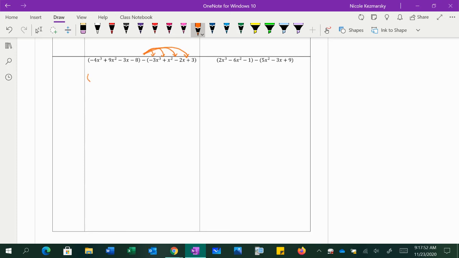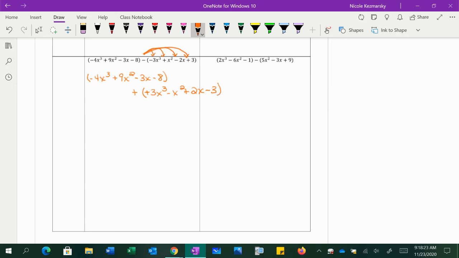So we're going to have negative 4x cubed plus 9x squared minus 3x minus 8 plus, I'll write it down here because I'm running out of room, plus, that's going to be a plus 3x cubed minus x squared plus 2x minus 3.